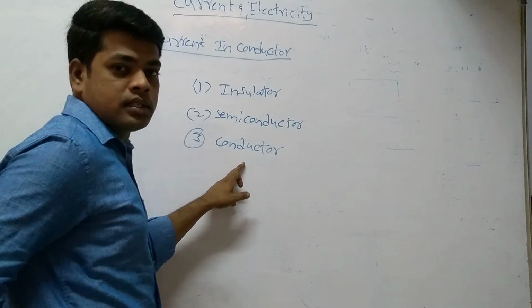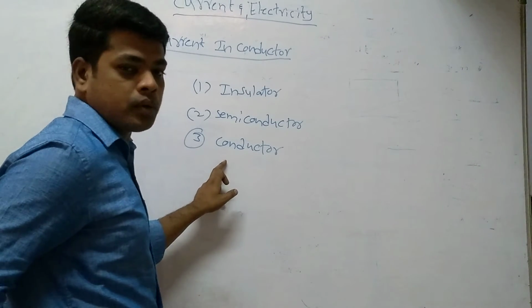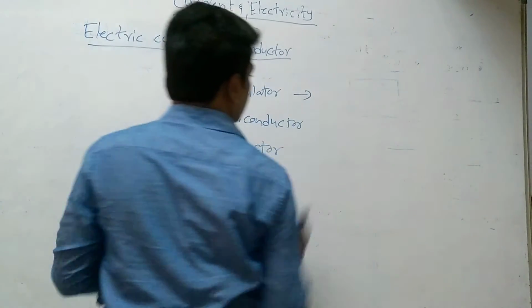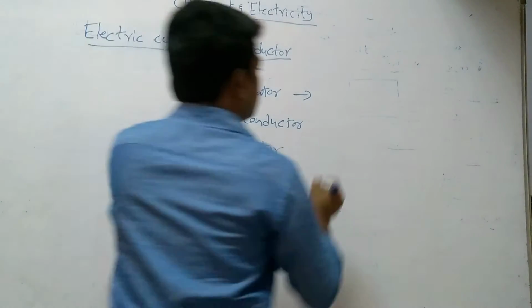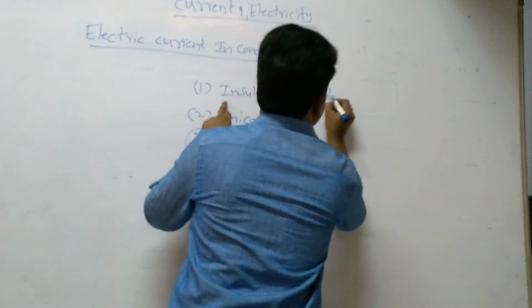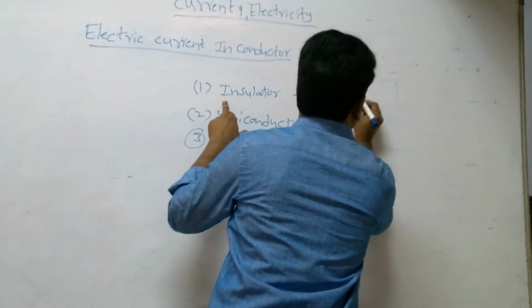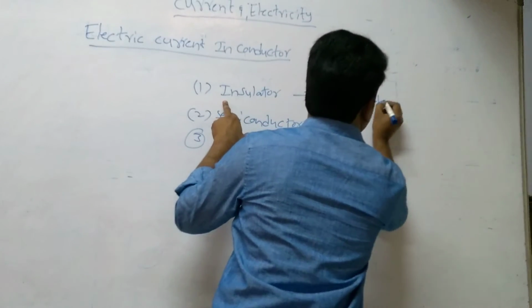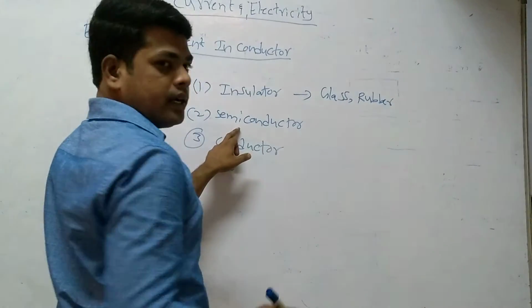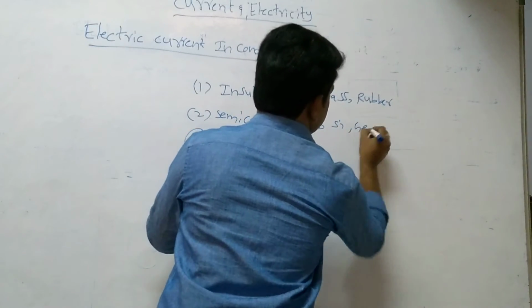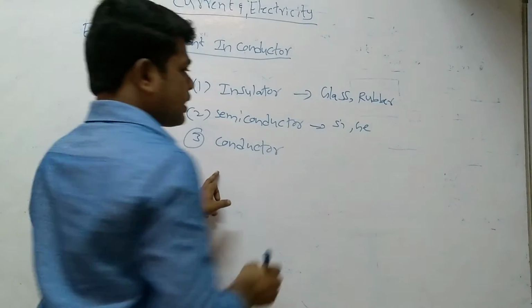For example, the insulator examples are glass and rubber. For the semiconductor, we know there are silicon and germanium. For the conductor, iron is the best example.